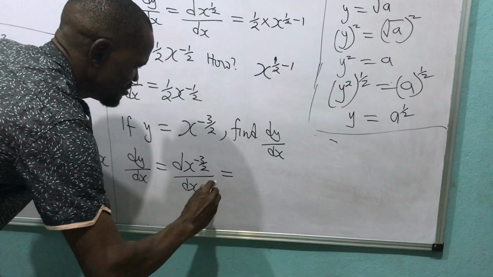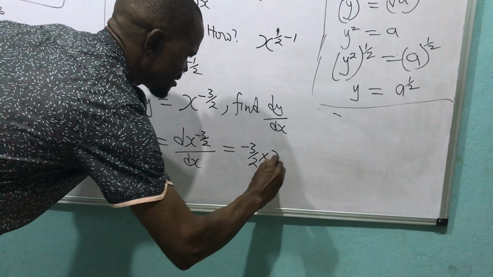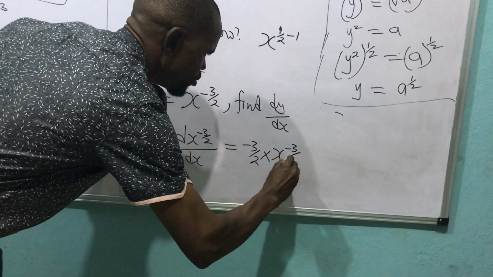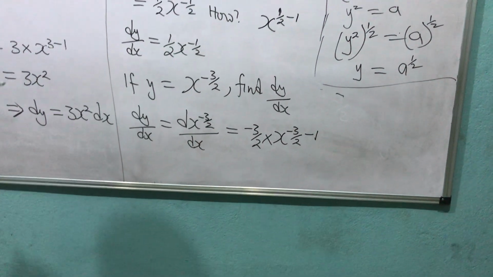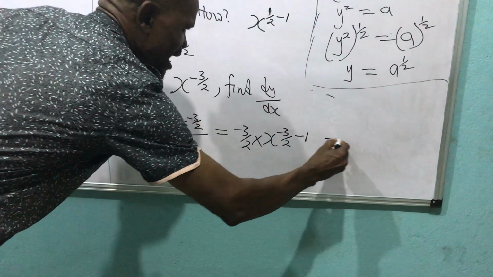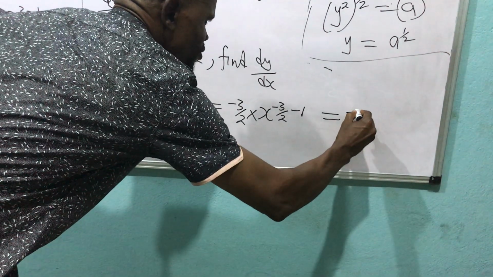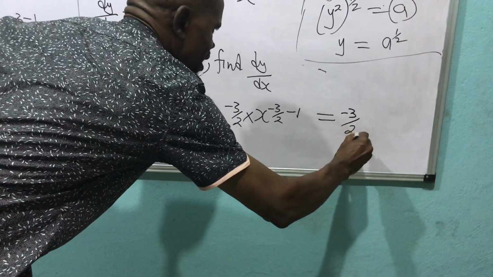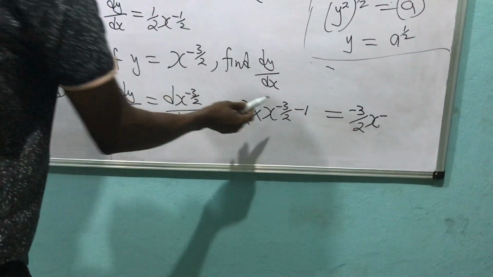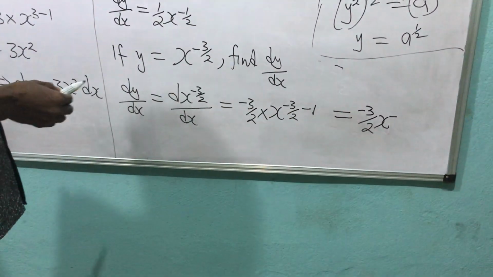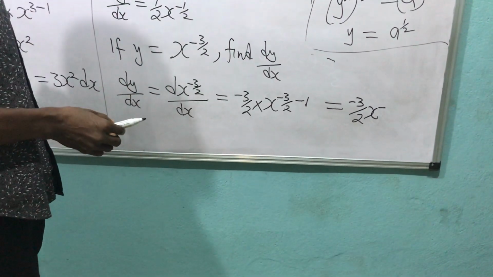And this simply means minus 3 over 2 times x raised to the power minus 3 over 2 minus 1. And this will give me, as my final answer, based on what I told you, minus 3 all over 2 x all raised to the power, this times this will give me minus 2. Minus 3 minus 2 will give me minus 5.